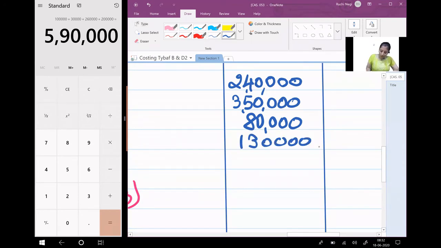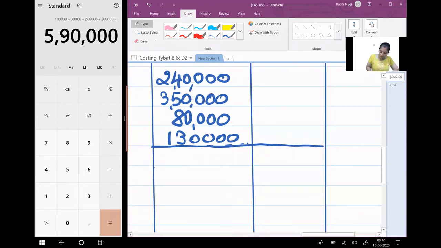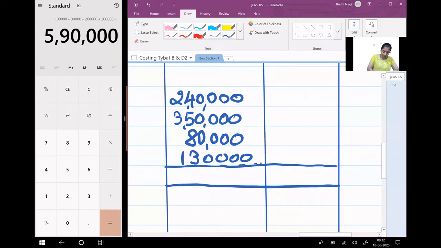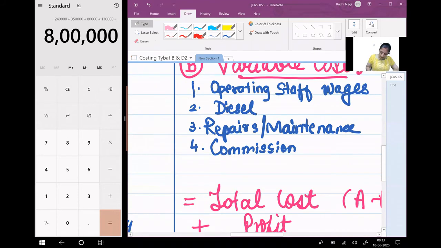Okay. Total it. Let us total. So it is 2 lakh 40 plus 3 lakh 50 plus 80,000 plus 1 lakh 30. So my total comes to 8 lakhs. So right here 8 lakhs. And here you can write total variable cost.